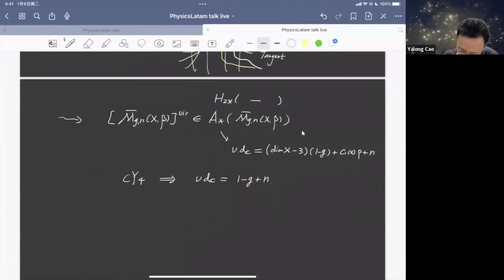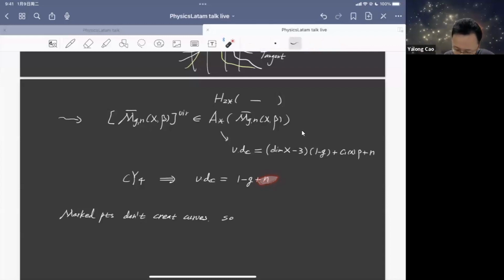Now, n is the number of marked points, but adding marked points doesn't create curves for you. So to look at whether we have curves in the Calabi-Yau fourfold, we can just take n to be 0.